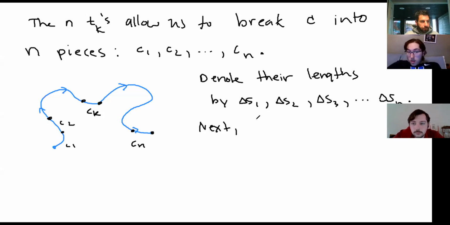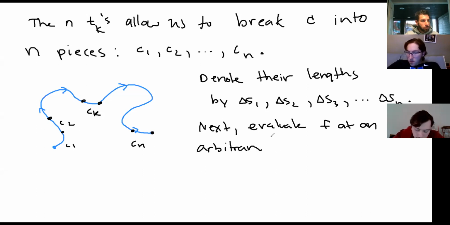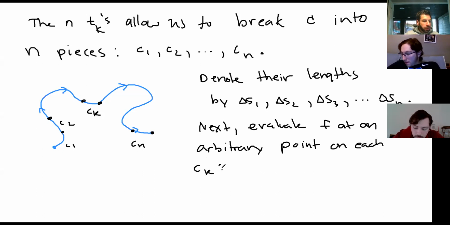So next, evaluate f at an arbitrary point on each C sub k. So what would that look like? Well, let's be very clear. That would look something like f evaluated at r of some point t.